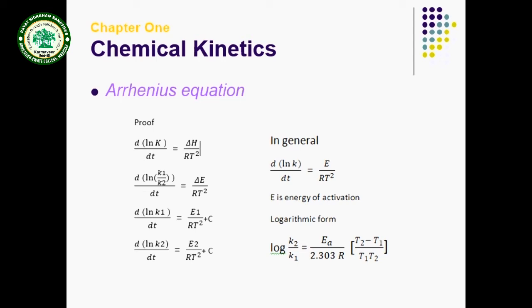If we convert this to log to the base 10, a 2.303 term will be included in this logarithmic form of the Arrhenius equation, which explains how the reaction rate constant, or rate of reaction, is related to temperature, because the reaction rate constant is nothing but a rate of reaction when the concentrations of all the reactants are considered or assumed to be unity.